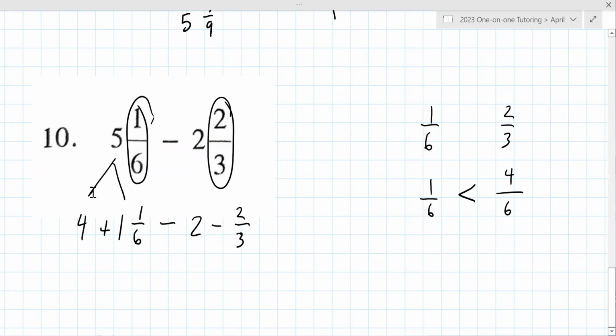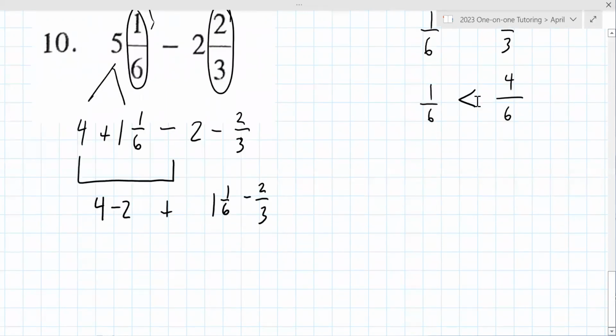It's still breaking that whole number apart, but you pair that number with the fraction. And then you subtract 4 minus 2, 1 and 1/6 minus 2/3. So right here, then you have to come up with the common denominator after making an improper fraction. So that would become 7/6 minus 2/3.